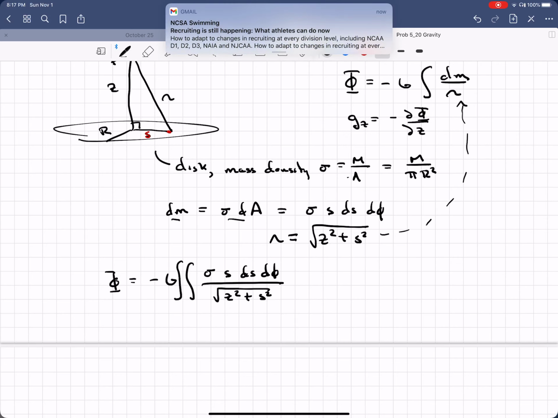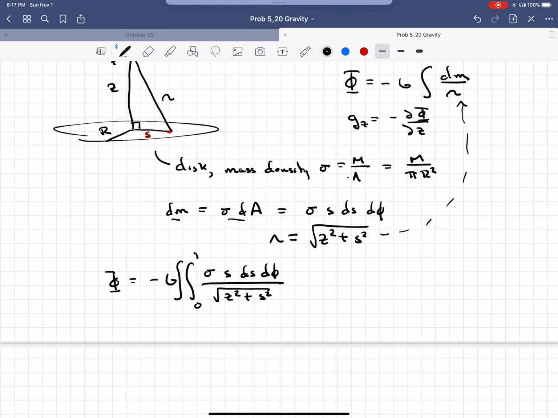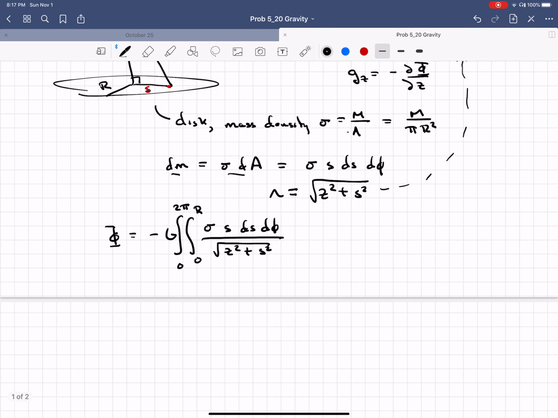The s integral is going to go from 0 to R, and the phi integral is going to go from 0 to 2 pi, because we're going to go all the way around the disk. So that's the 0 to 2 pi in the phi direction. And we're going to go from 0 to capital R, the final radius of the disk, when we're integrating over the radial coordinate s.